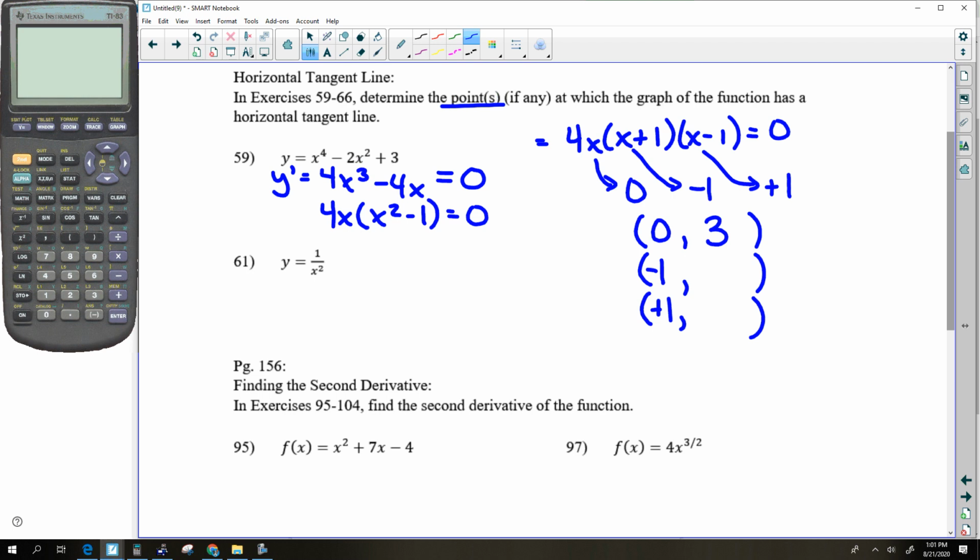So at -1, that is +1, minus 2 is -1, plus 3 is 2. At +1, 1 minus 2 is -1, plus 3 is 2. Those should be your horizontal tangent points.